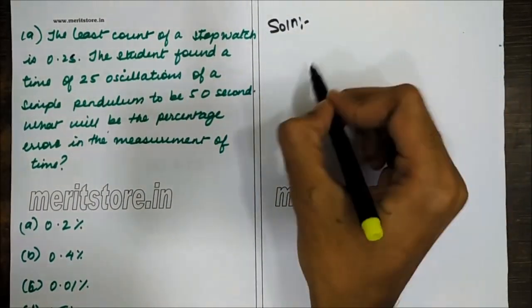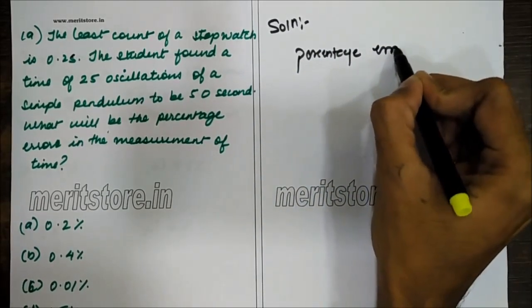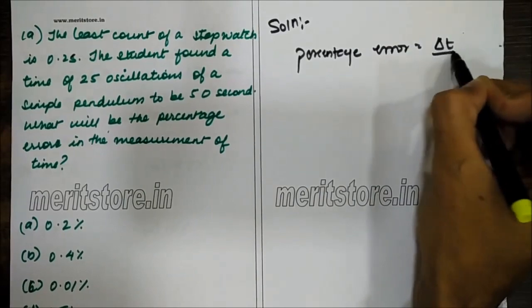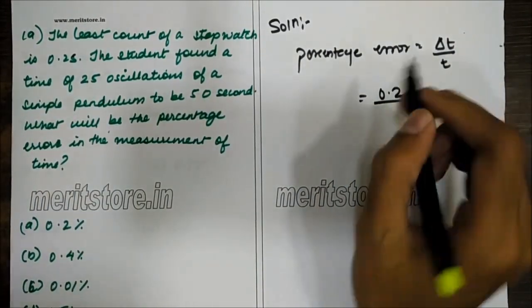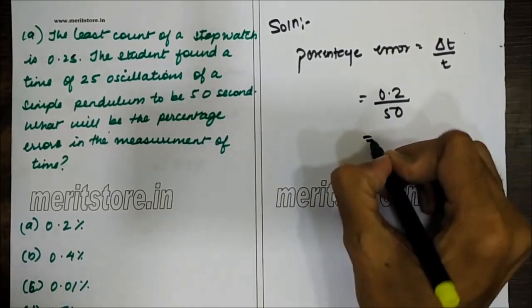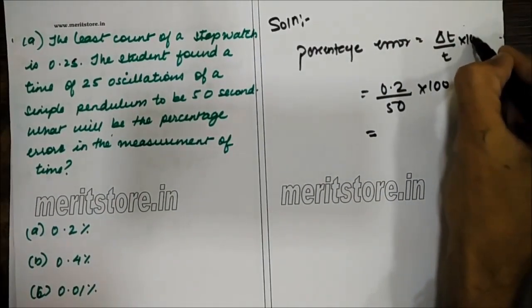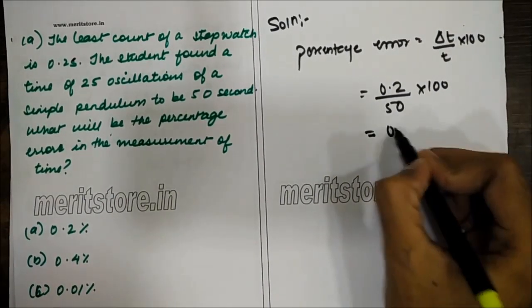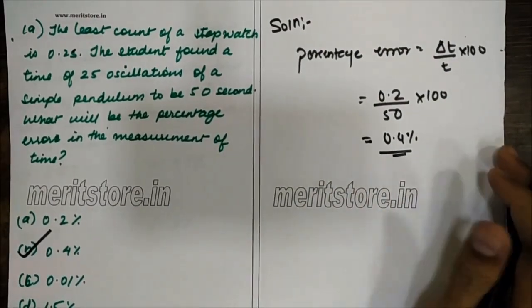So we have the formula for percentage error, which is equal to delta t upon t, multiplied by 100. So delta t being our 0.2, the time taken is 50 seconds, and we calculate the percentage, so the percentage error is 0.4%. Okay, so B is the correct option.